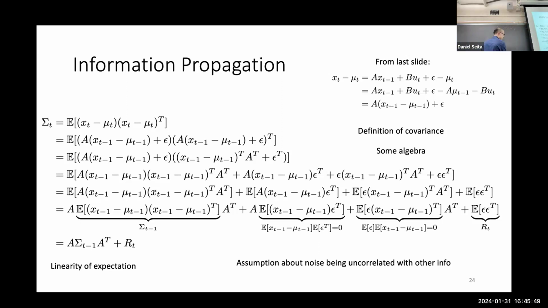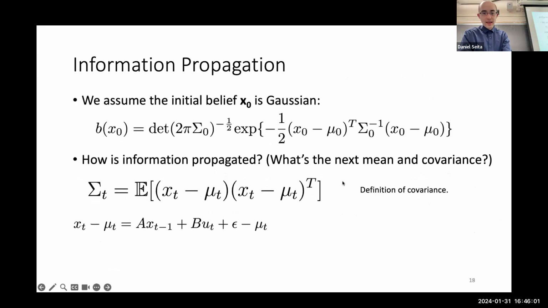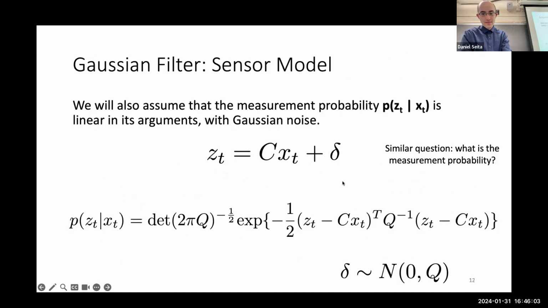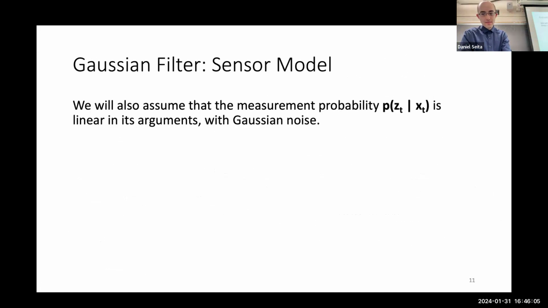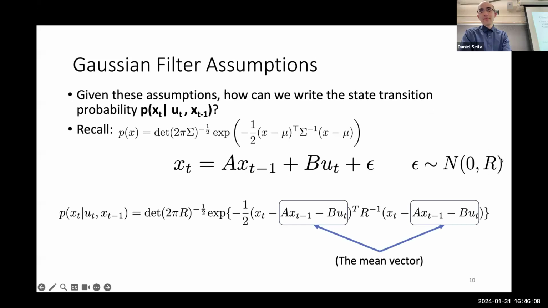But we make the assumption that epsilon is distributed with zero mean. And then the R is just the notation that we were using earlier. It's this thing right here. Here I just put it as R.